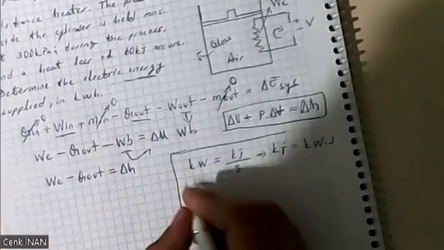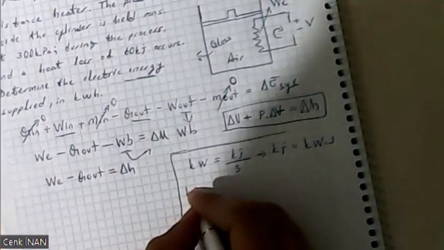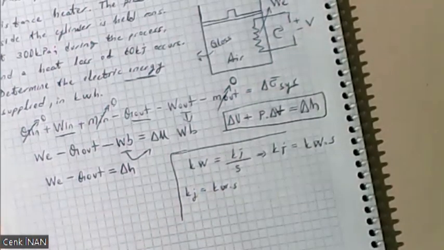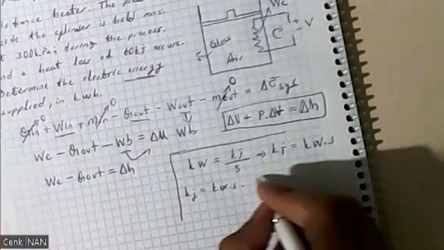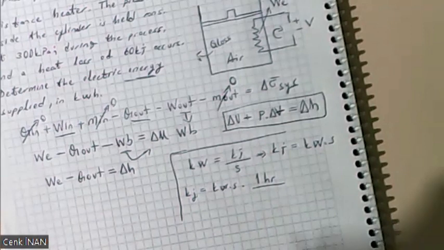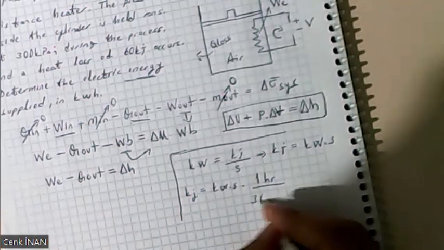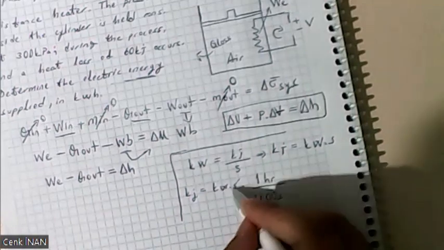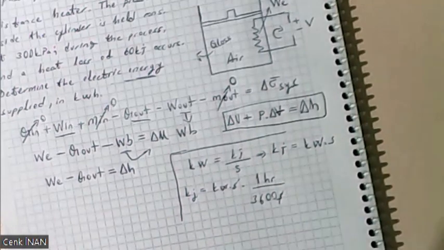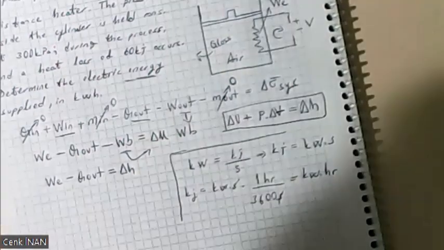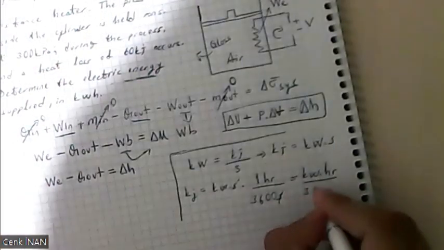Let's again write kilojoule equals kilowatt times second, and it is important that 1 hour is 3600 seconds. The seconds cancel, and consequently we have kilowatt times hour over 3600.